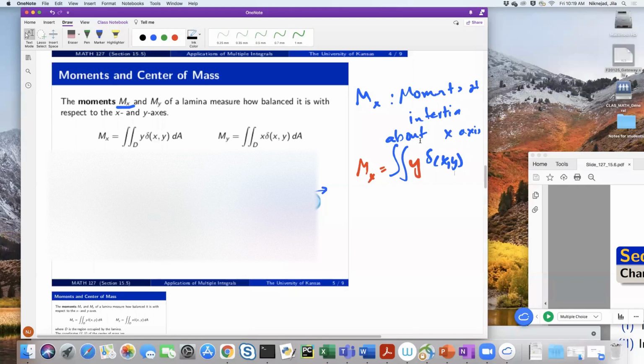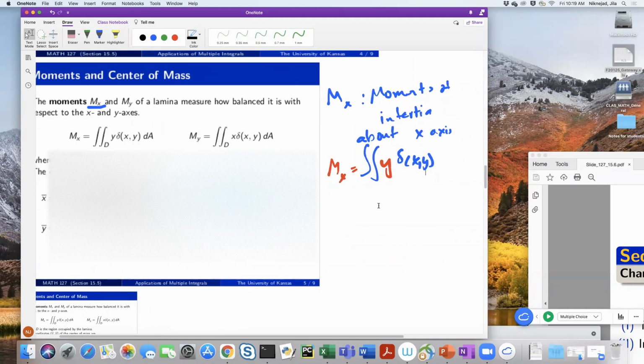by the way, in our book, we're using delta for the density function. A lot of books use rho and other things. So just remember that part, right? So that becomes the moment of inertia.